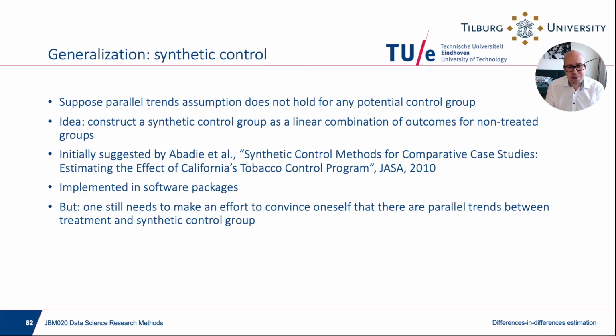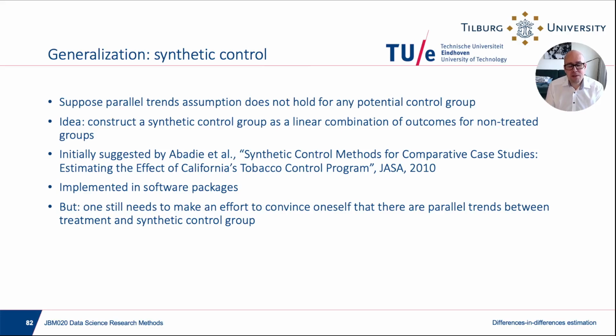This was initially suggested by Abadie with co-authors in a paper in JASA in 2010, and this is implemented in many software packages, so you can just download this. And you can run it yourselves.